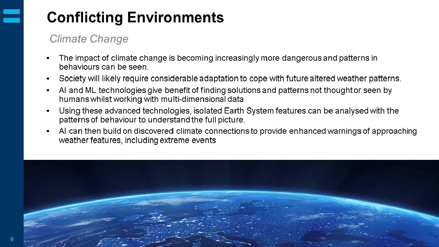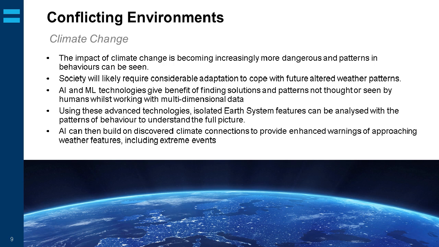So let's delve into our first conflicting environment. Obviously, there are loads and loads of different examples that I could pick from, but I tried to keep to 3 key examples that are quite different from each other. And the first that I wanted to talk about is climate change, or global warming, however you want to view it.